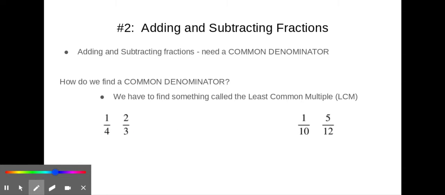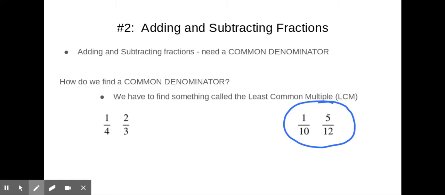So now I'm looking, and I need 10 and 12 to have the same number, or the least common multiple. And I would get that by having 60. That is the smallest number that both 10 and 12 can multiply to.